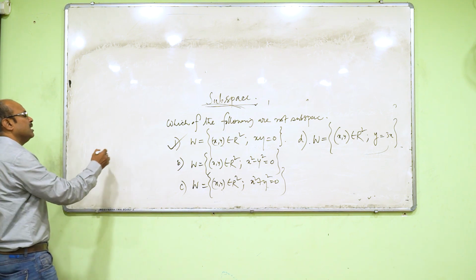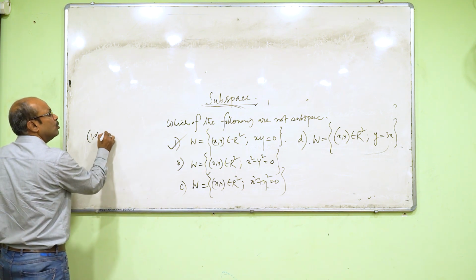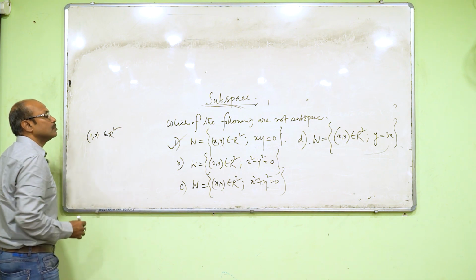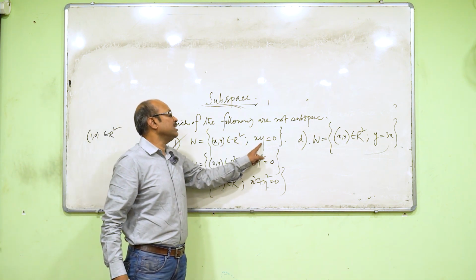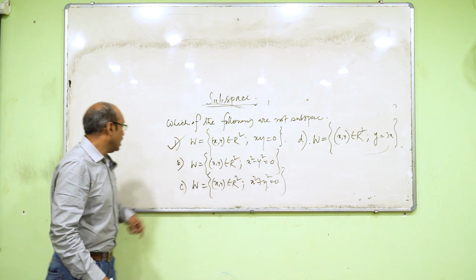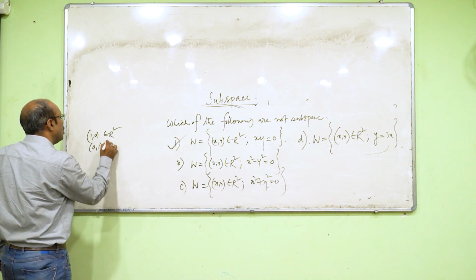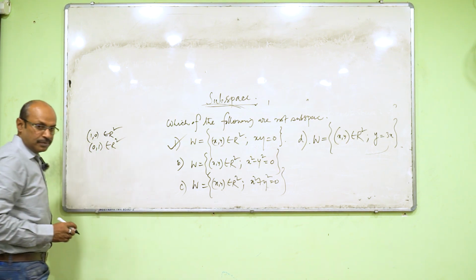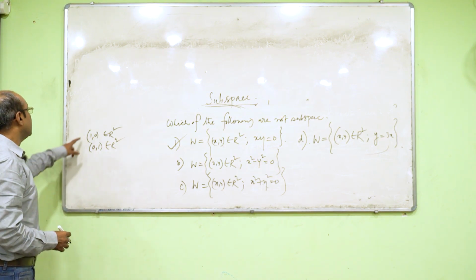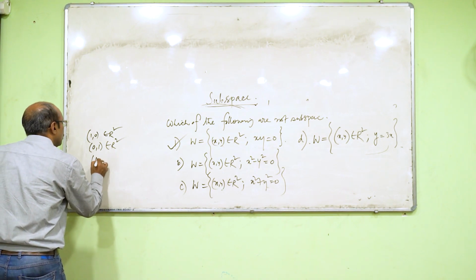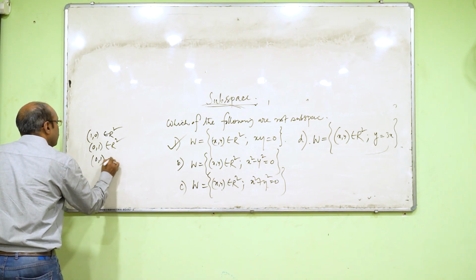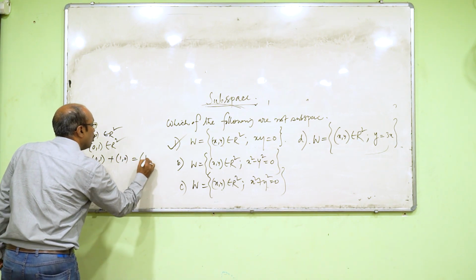If we take two elements, let's suppose (1, 0) belongs to R2, this satisfies the equation. And if we take (0, 1), it also belongs to R2. But if you take the sum (1, 0) plus (0, 1), that is (1, 1).